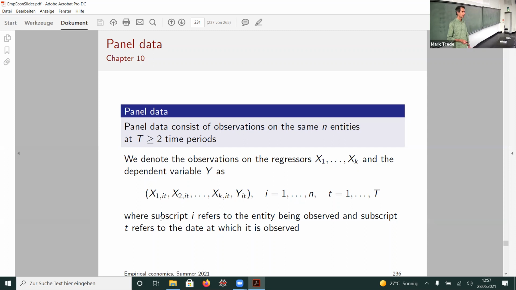Okay, so what do we mean by panel data? We talked about that in the very first week, but let's repeat that. Panel data are data where we observe the same individuals or the same entities for more than one period. So in a way, it's a kind of repeated cross-section. But the second cross-section consists of the same individuals as the first one, or at least there must be a high overlap.